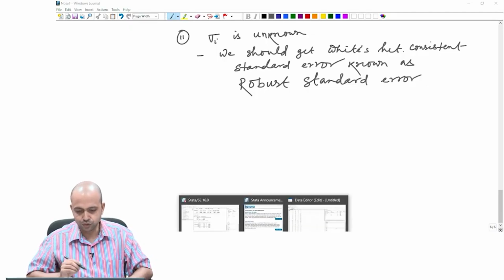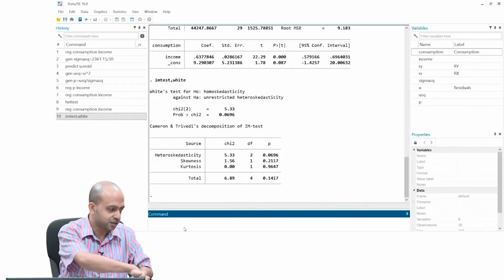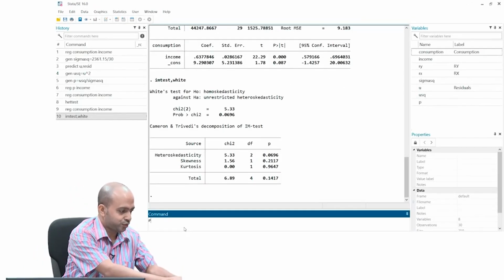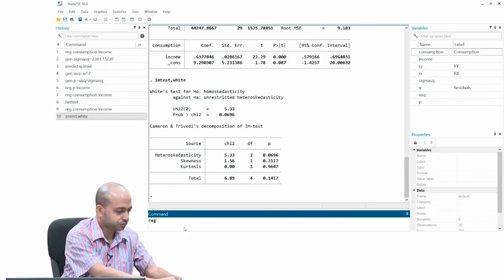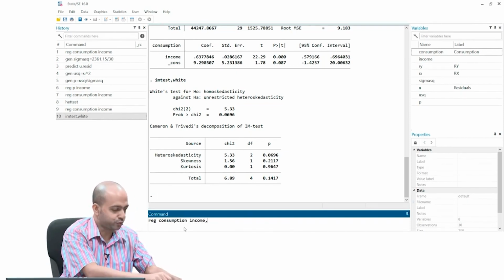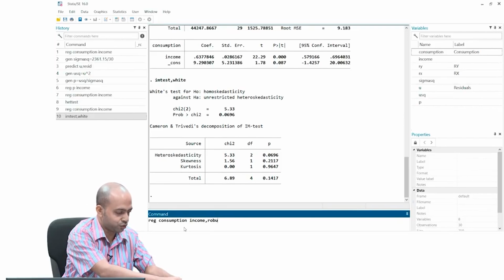And if you go to your data set once again, if you run this model reg consumption, then income, after that you have to put a robust command to get robust standard error.